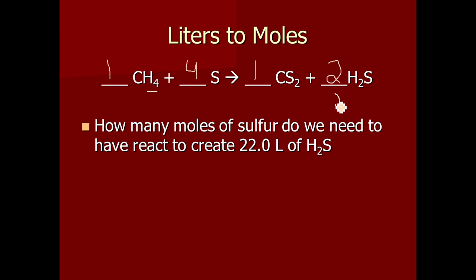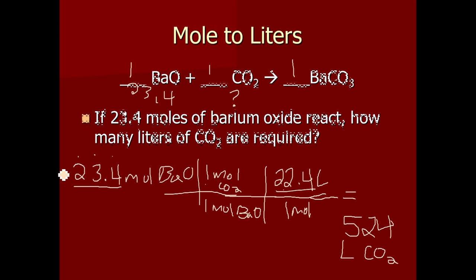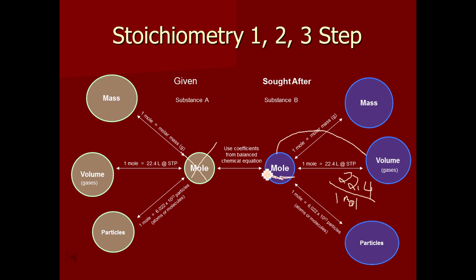So I have 22.0 liters of H2S. And I'm trying to get moles of sulfur. Not a problem. So if I go back just to take a look at this, now we are starting here, and I have to go from here to there.